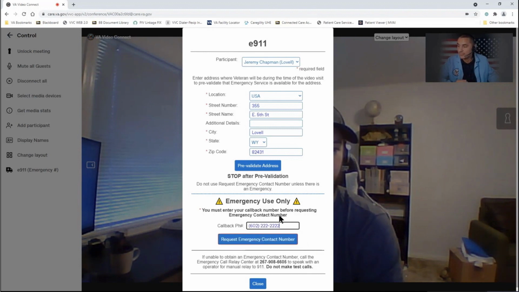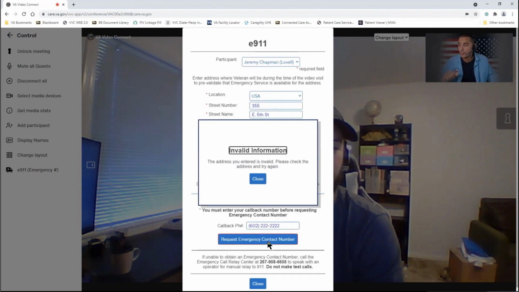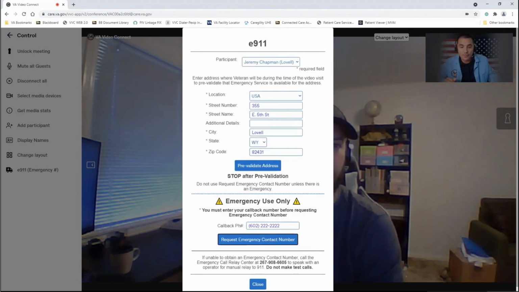If I was at this number at extension 7500, the system doesn't allow for that. So this would be another example of when I would call the emergency call relay center, because I don't have a valid usable number that I can enter into the system. And remember, by putting in this number and requesting the emergency contact number, that's how I knew what number to dial. So now that has happened, my veteran was taken care of by the emergency services that arrived at his house.